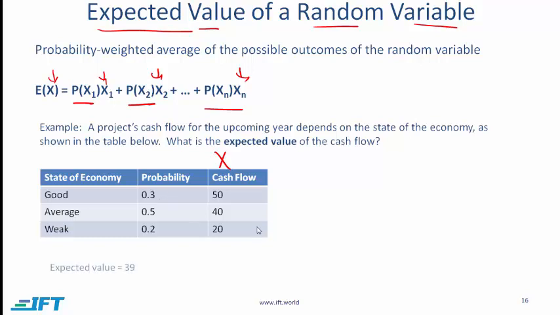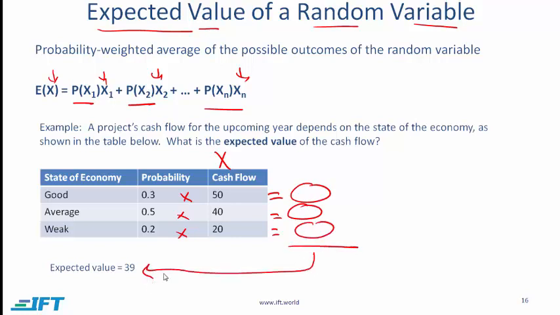So what we do is simply say 0.3 times 50, and figure out what that is, 0.5 times 40, and figure out what that is, 0.2 times 20, figure out what that is, and then when you add those three numbers, what you should get is an expected value of 39. The interpretation is that given these probabilities and these possible values for the random variable, the expected value is 39.